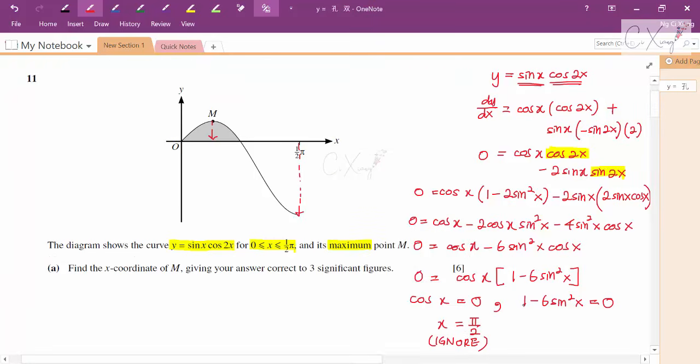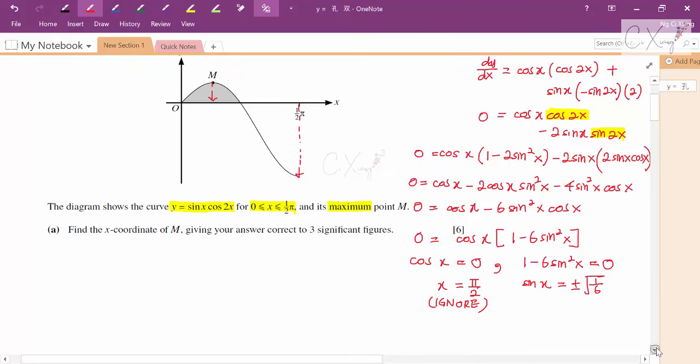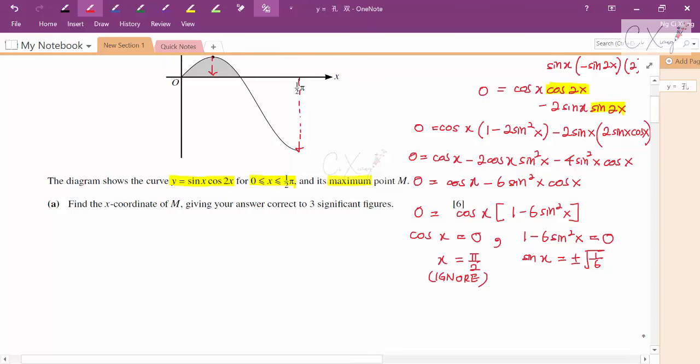Then I have to solve the other equation for the x coordinate of M. So I'll rephrase everything again. I have sine x equals plus minus square root of 1 over 6. And I will ignore the sine x which equals negative.